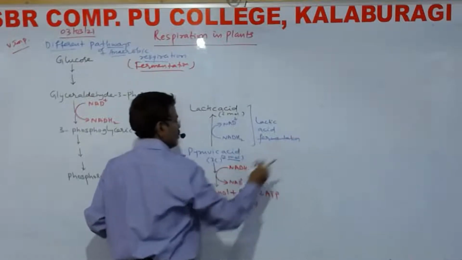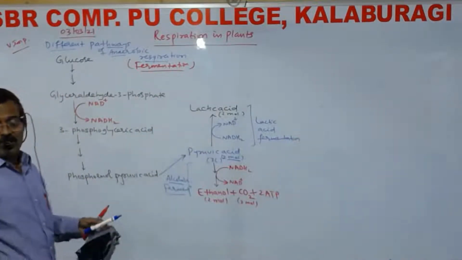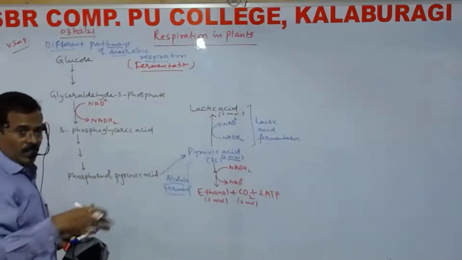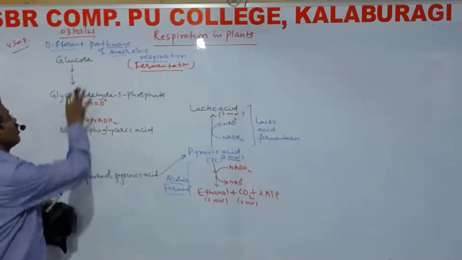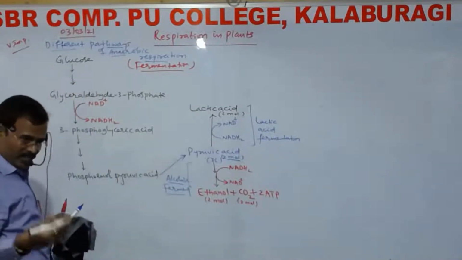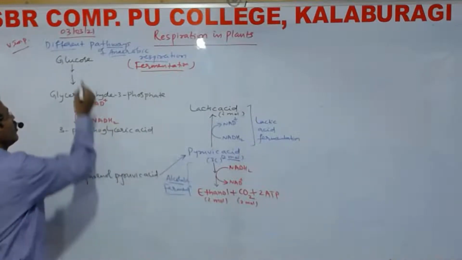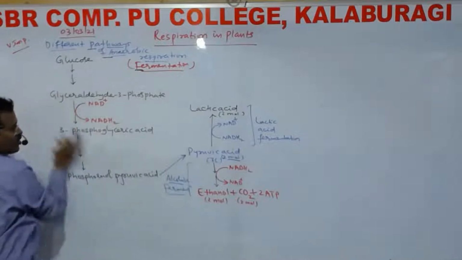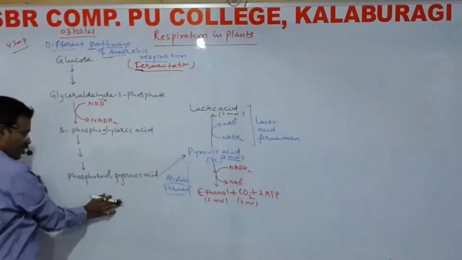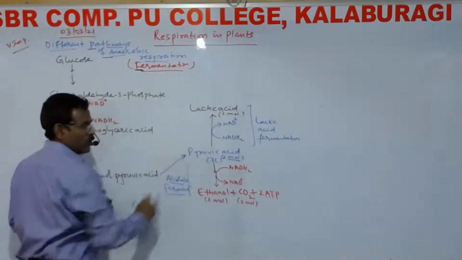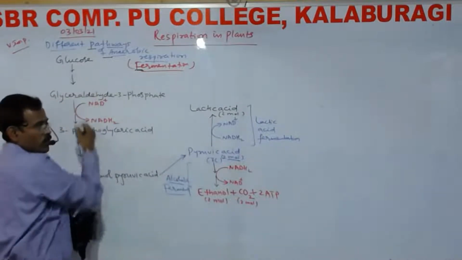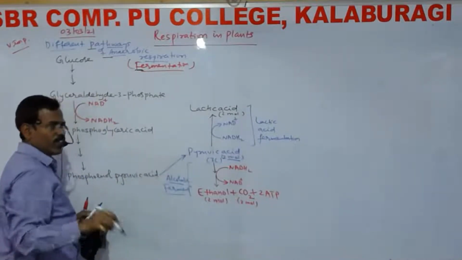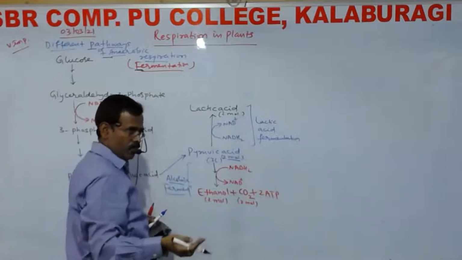So this figure I was supposed to draw yesterday. I had not drawn it, so now I am drawing this. This is a very important figure from the theory exam point of view: different pathways of anaerobic respiration or fermentation. First there will be glycolysis. It results in the formation of pyruvic acid after partial breakdown of glucose. Then pyruvic acid, in absence of oxygen.